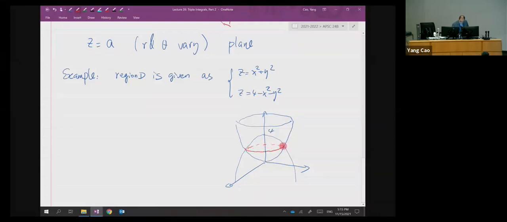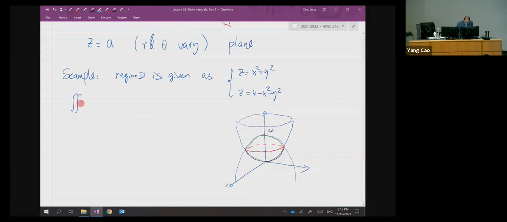And then they intersect, right, at a certain place. So essentially, D is bounded on the top by this surface, and at the bottom by that surface here. It's like two bowls on top of each other.